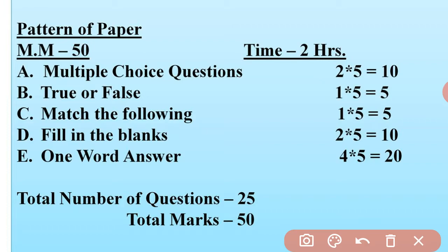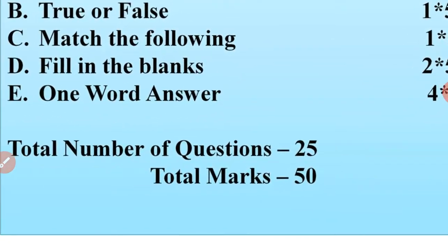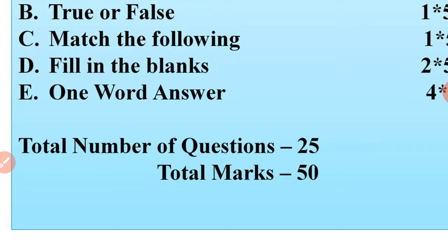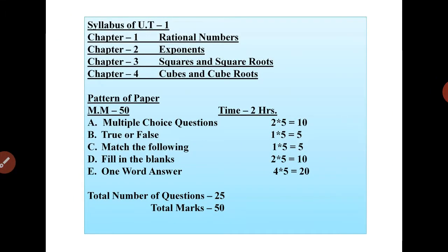In fill in the blanks also you will get total 2 options. So in this way the total number of questions will be 25 and total marks will be 50. You have to attempt all the questions, there will be no choice in the questions.